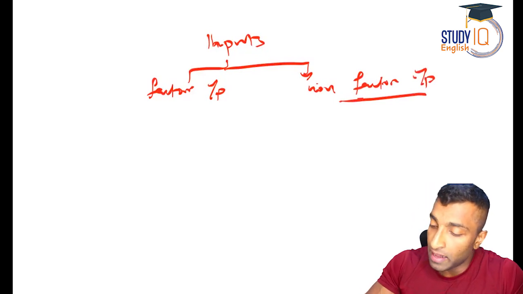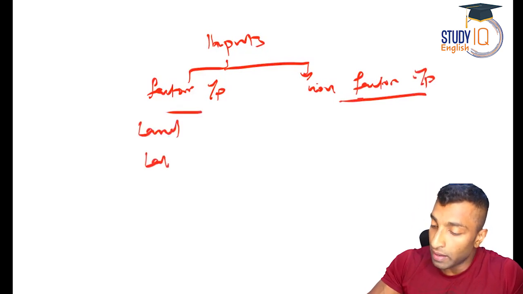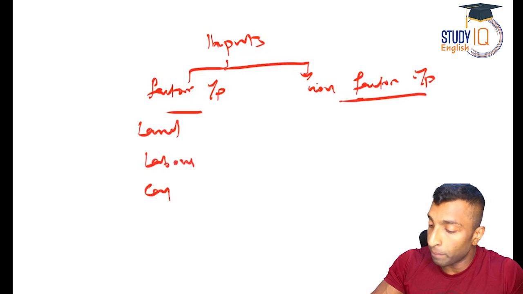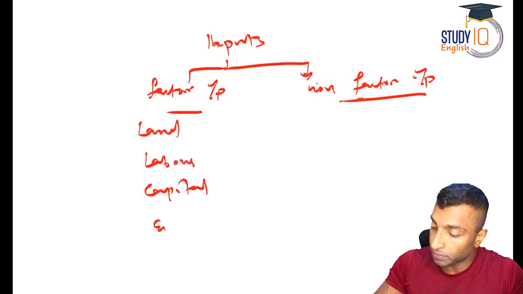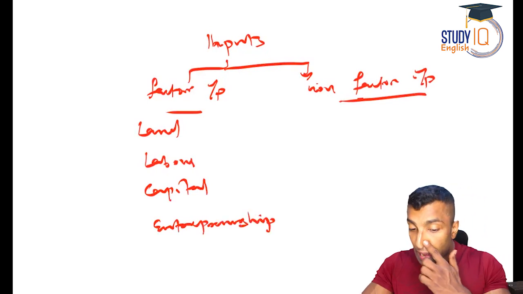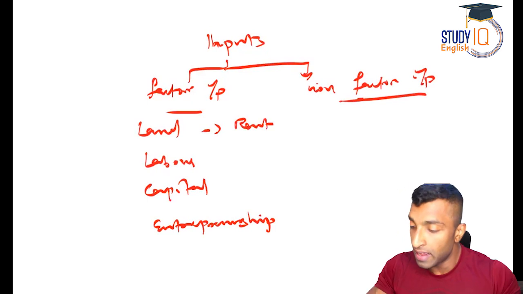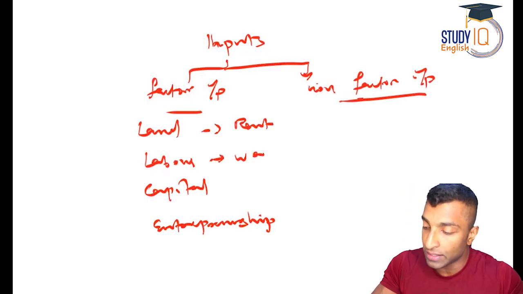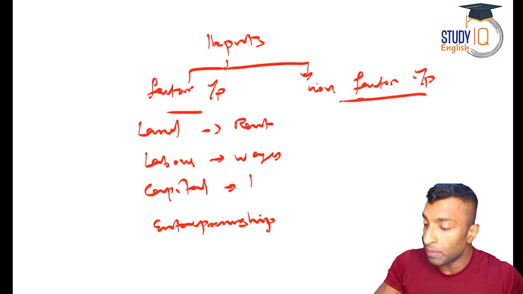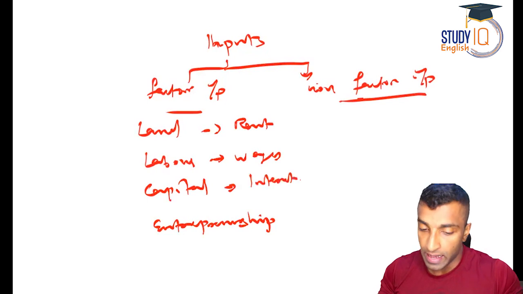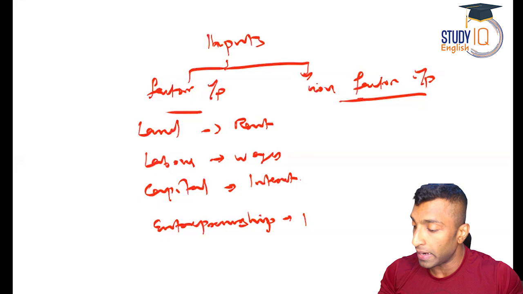Factor input means land, labor, capital, entrepreneurship. So land, you will get rent, that is the income that you get from land. And then labor, you will get wages or salary. And then capital, you will get the interest. And then entrepreneurship, you will be getting profit.